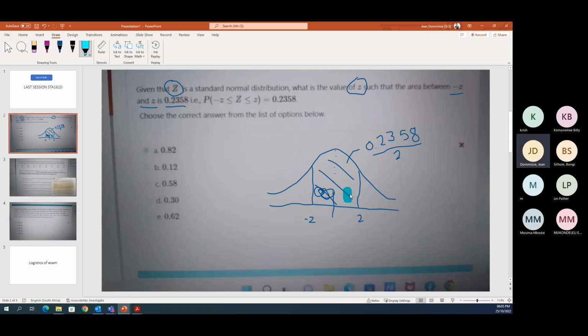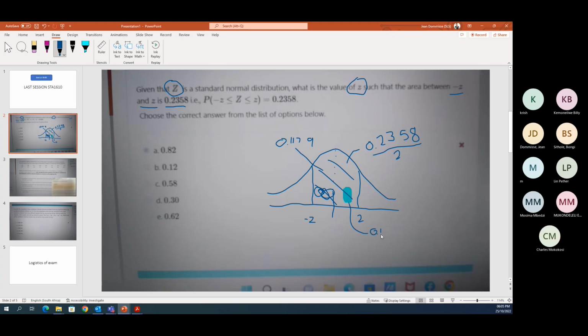So let me just get my calculator that we do this right. 0.2358 divided by 2 is 0.1179. So this area is 0.1179 and this area is 0.1179.